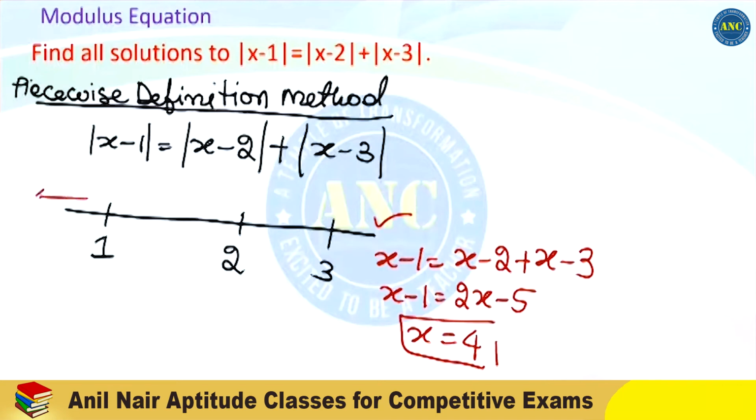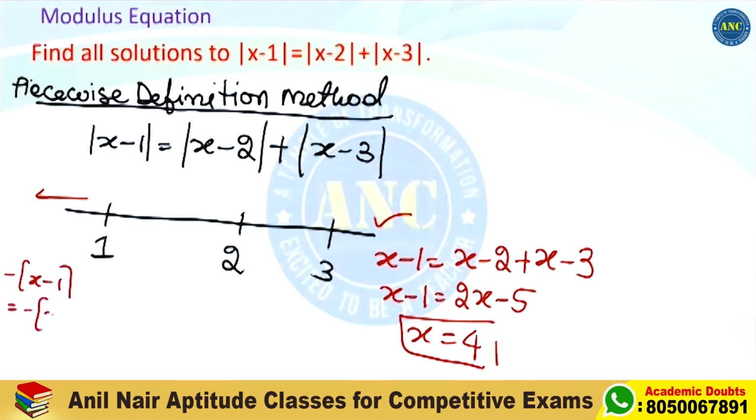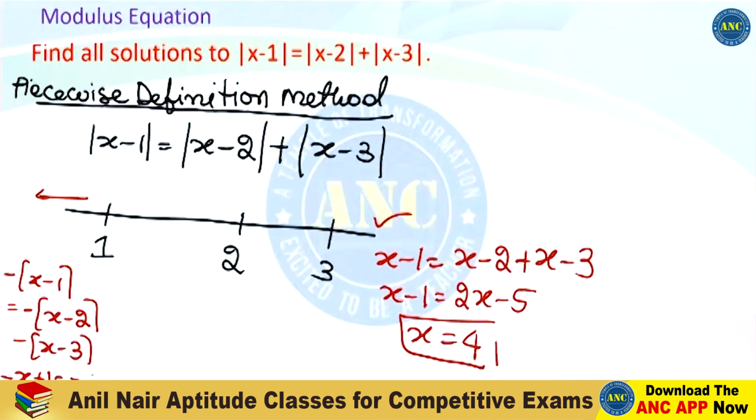First let us do the extremes. Take 0: 0 minus 1 is negative, so -(x - 1), -(x - 2), -(x - 3). This gives -x + 1 = -2x + 5, so x = 4. Check it in case you are in doubt: 4 minus 1 is 3, 4 minus 2 is 2, 4 minus 3 is 1.